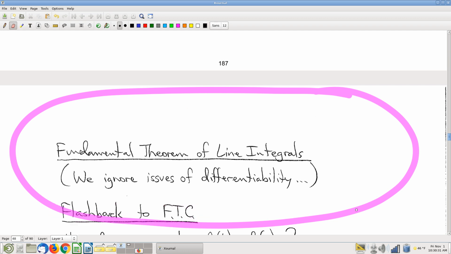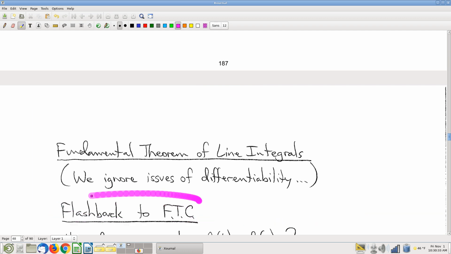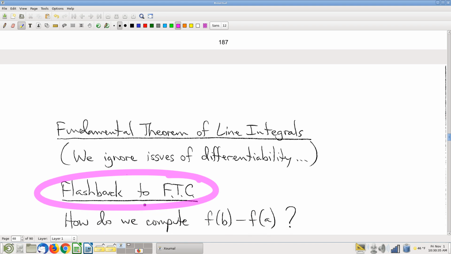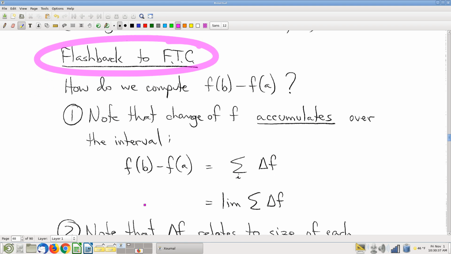I wanted y'all to sort of know what's coming. So why I'm talking about the fundamental theorem of calculus again is to set up the pattern. We're going to see a pattern repeat over and over again as we talk about these new theorems. The pattern is visible in a very natural point of view on the fundamental theorem of calculus that you all know. So I am not doing this flashback to remind you of Calc 1.